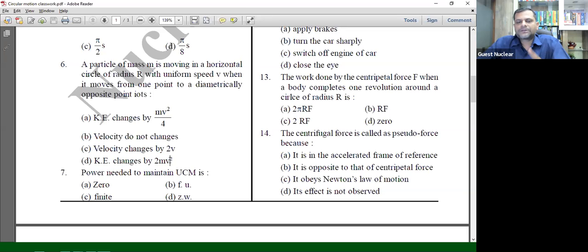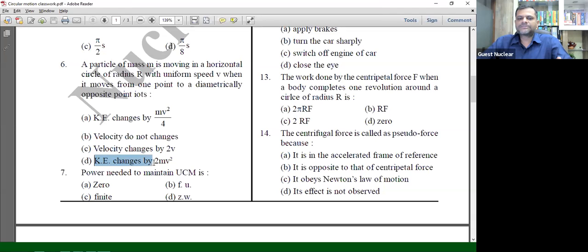See here, remember one thing, that kinetic energy is nothing but a scalar quantity. I already explained this in the first lecture of uniform circular motion itself, that kinetic energy is a scalar quantity. So it doesn't change at all in a uniform circular motion, but velocity changes certainly. Because of that, the option that kinetic energy changes by mv square by 4 is wrong.